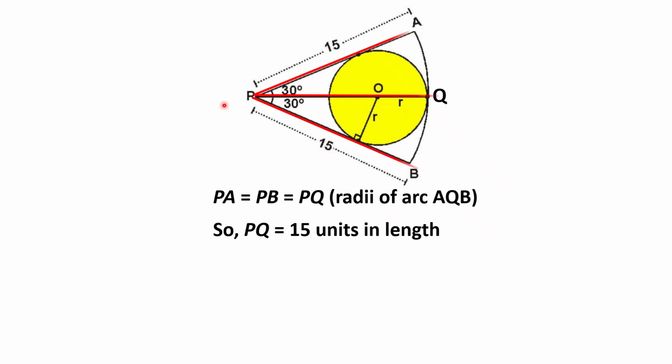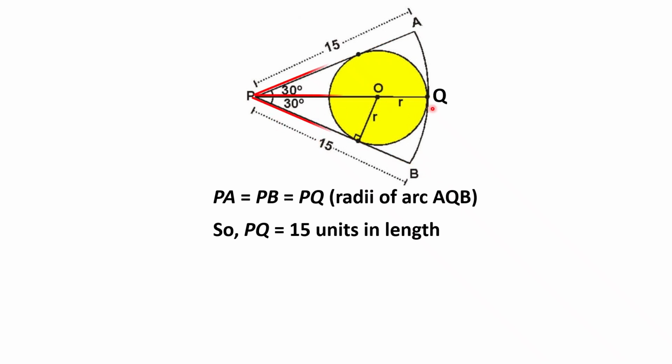Now you can see the animation: PA, PQ and PB, and each of them should be 15 units, because PA is a radius, PB is a radius, and PQ is also a radius. Radius PA equals radius PQ equals radius PB.